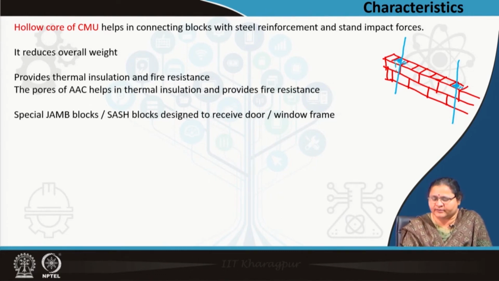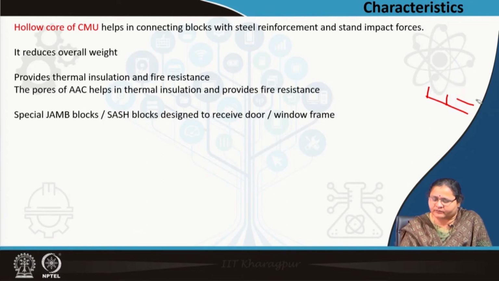So, you are pouring concrete, and this concrete will be inside. So, you are reinforcing with rods at intervals when you are making the hollow block wall. This is how you can strengthen your hollow block when it is in a wall system.